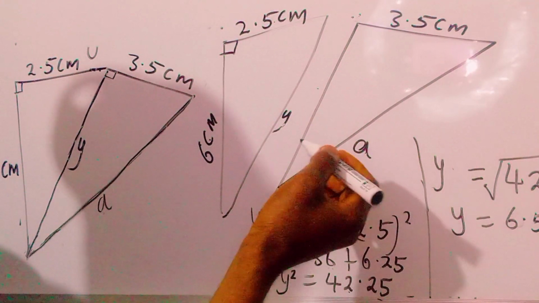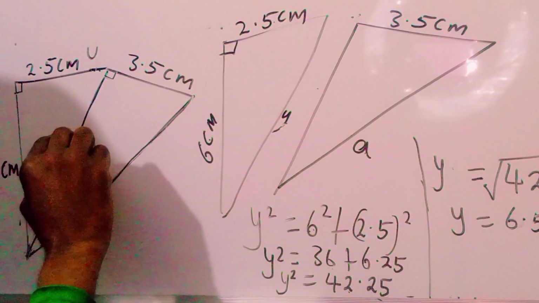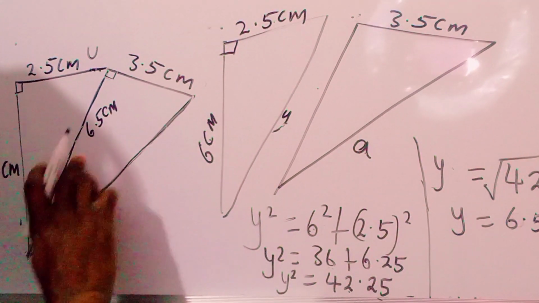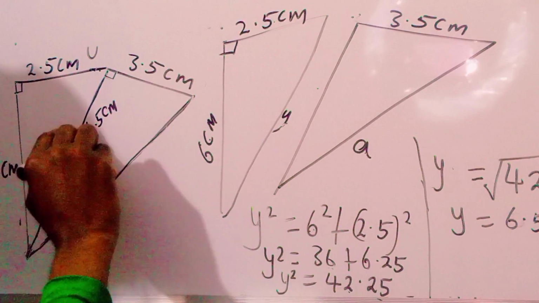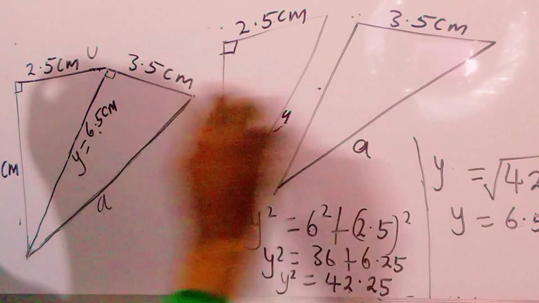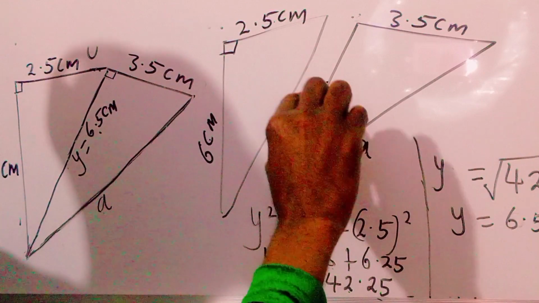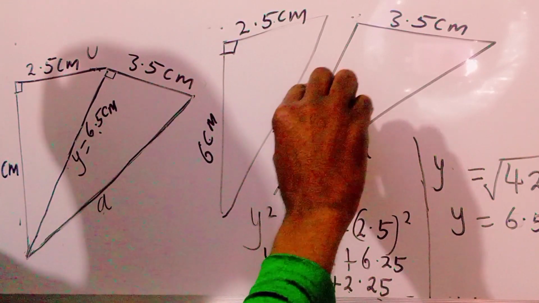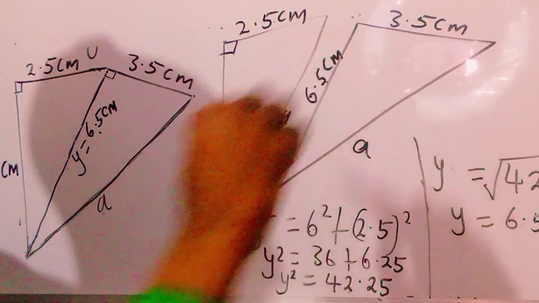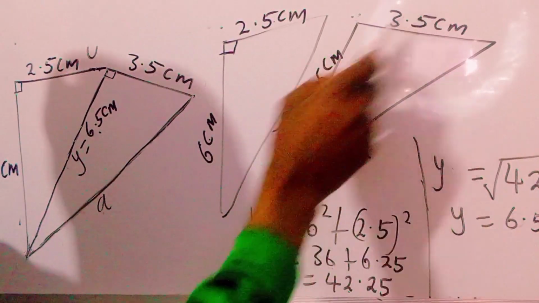Now it means that we have gotten the side y to be 6.5 centimeter. So y equals 6.5 centimeter, meaning that this side of the second triangle, precisely, has been obtained to be 6.5 centimeter.